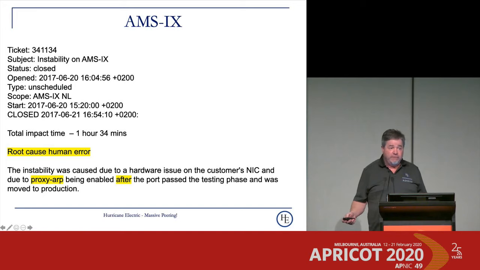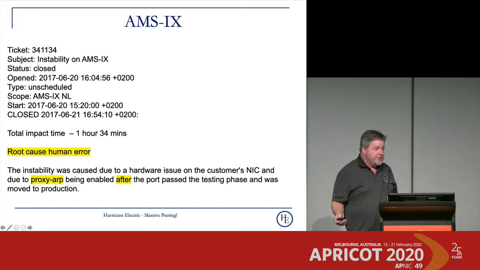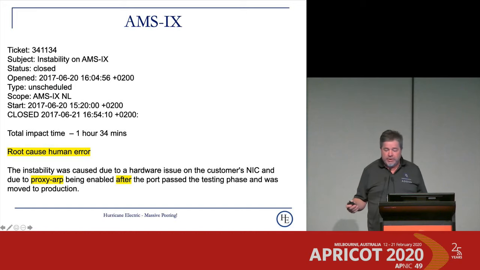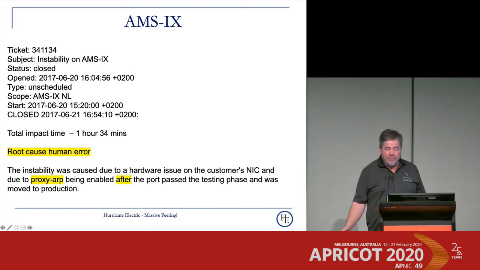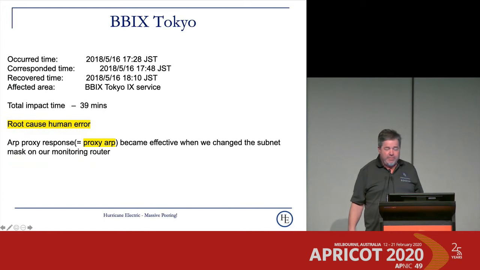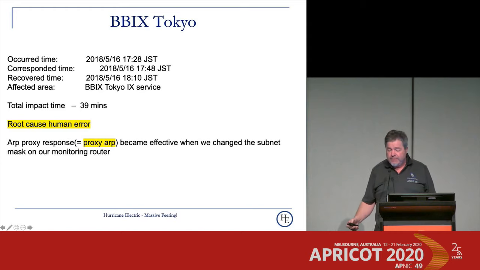This could have been avoided with a little automation to remove a port once it went back into production. Unfortunately my friends at BBIX had the same thing happen: proxy ARP, human error, impact of 40 minutes. This is real impact to the entire exchange.